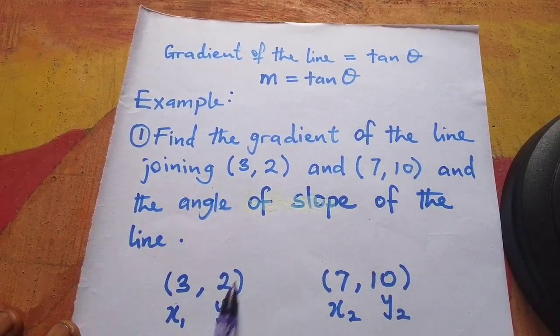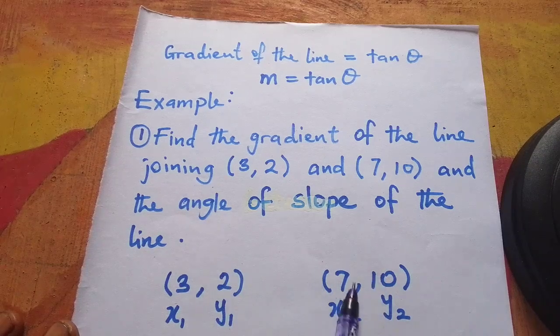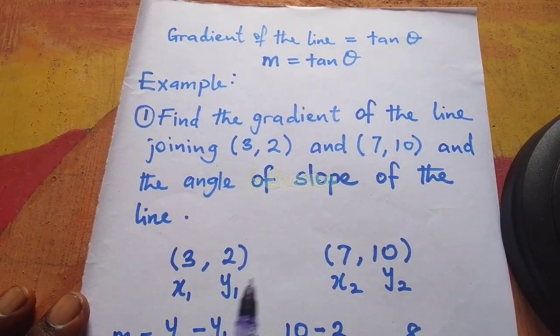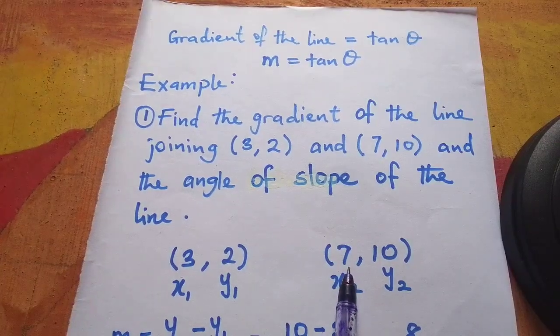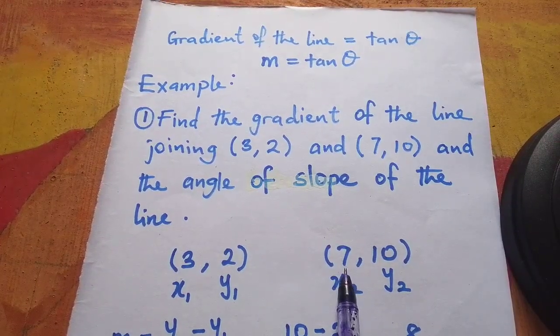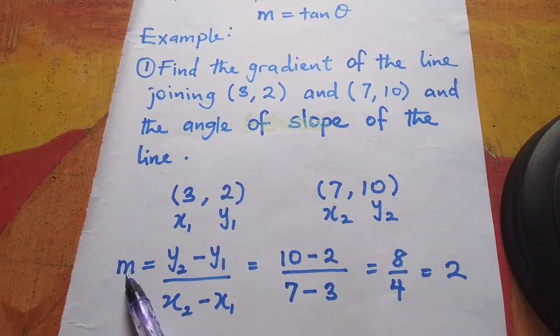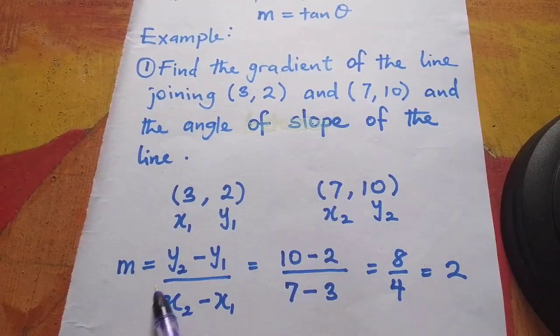The first coordinate is taken to be x1, y1, and the second coordinate is taken to be x2, y2. We said that to look for the gradient, m, is equal to y2 minus y1 over x2 minus x1.